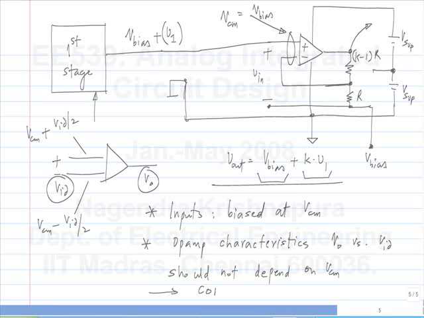This idea is known as common mode rejection, and it's actually one of the most important things about an op-amp. Okay, so this common mode rejection is a very important concept. We'll quantify this more as we go along, and when we design the op-amp, we see what the common mode rejection is.